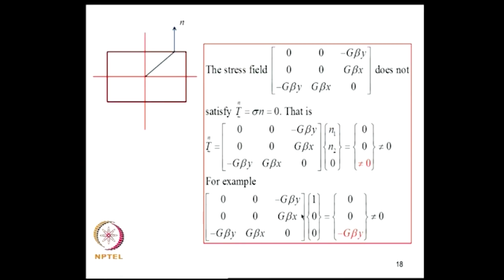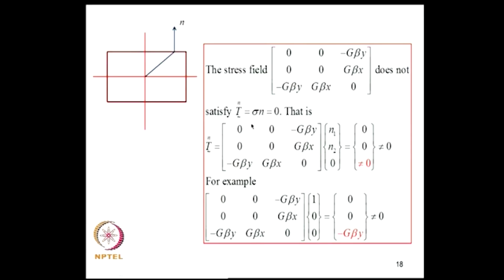Moreover, if we simply assume that the stress field we obtained for the circular cross section continues to be valid for a rectangular cross section also, you can verify by simple verification that this cannot satisfy the boundary conditions on the lateral surfaces. For example, the stress vector T tilde n is sigma n, and it must be equal to 0 on the outer surface.